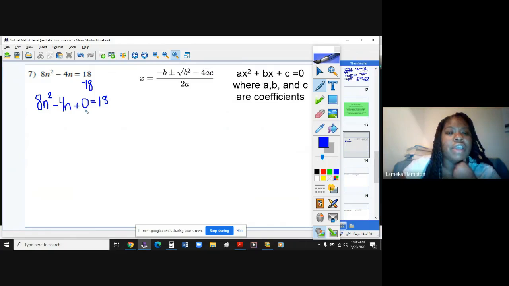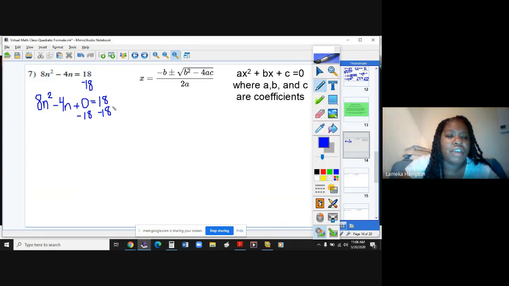If it helps you to write the missing term and replace it with 0, you can do that. Me personally, it wouldn't benefit me any, but if it helps you, you got to do what works for you. So when I do this, that means I can now subtract 18 from both sides.